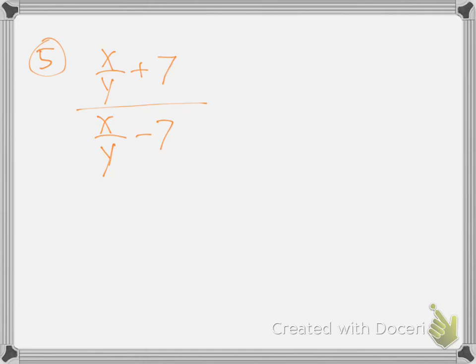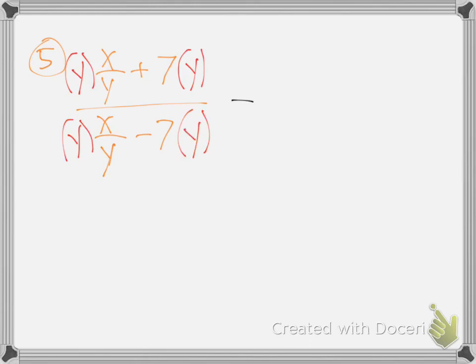So we're going to multiply all the terms on the top and all the terms on the bottom, right? What are we going to multiply by? By the y, huh? By that extra denominator piece, yeah. Going to multiply by a y. Y, and y.